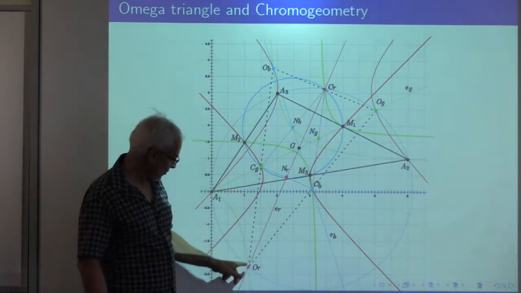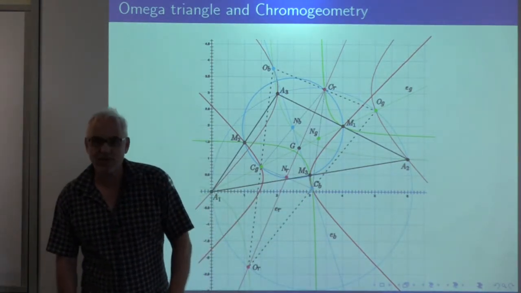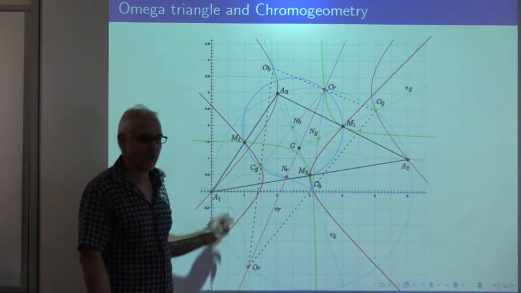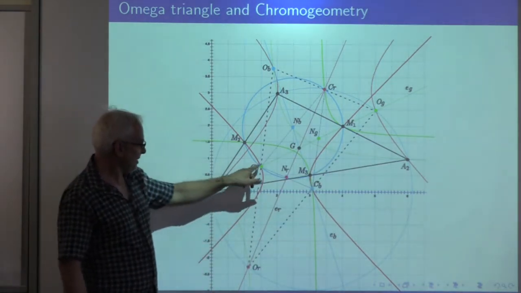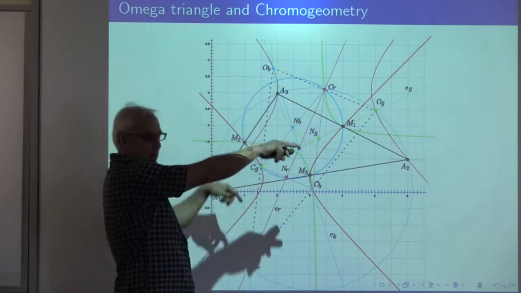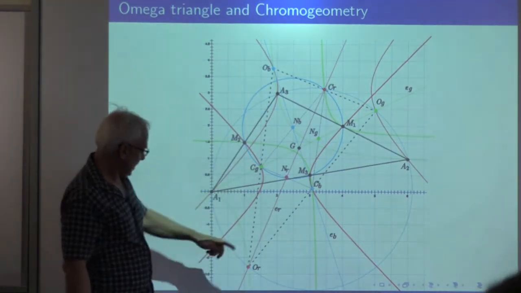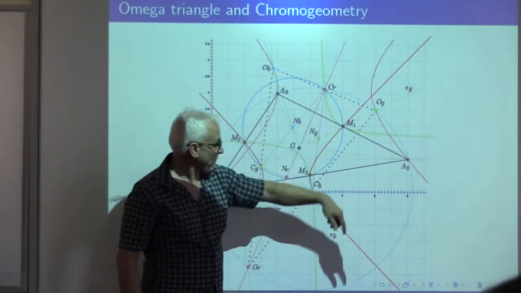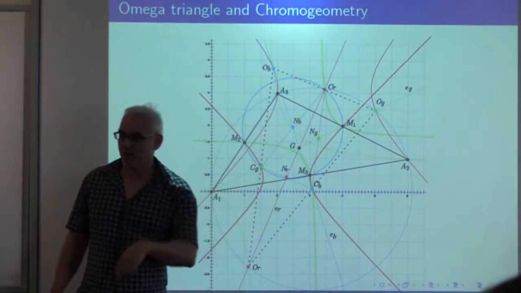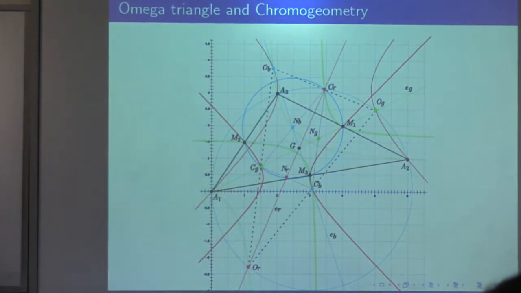So the midpoint between the red and the green orthocenter is the blue circumcenter, which is the center of the blue circle that passes through the 3 points. But similarly, the center of the green circle, which in this case is a hyperbola, is between the red and blue. Then you see various pleasant things, that the red and the green orthocenter, for example, lie on the blue circle and other pleasant things.